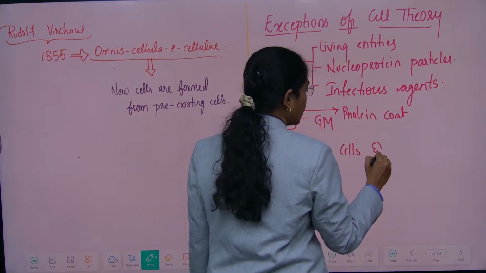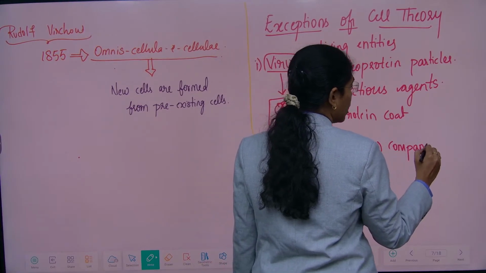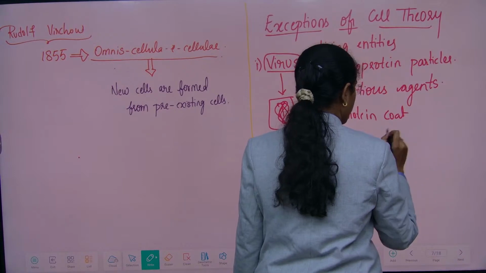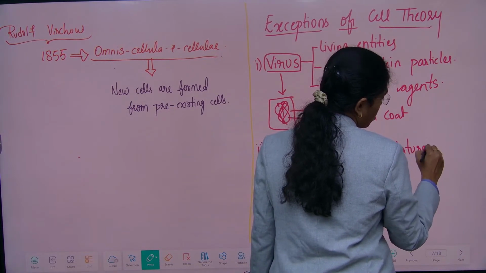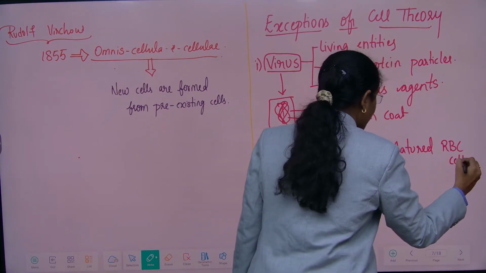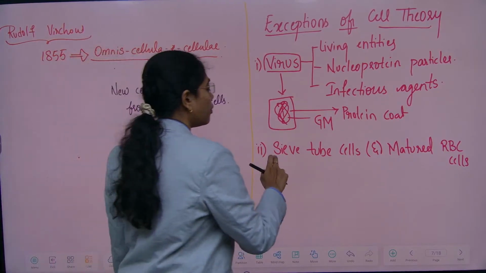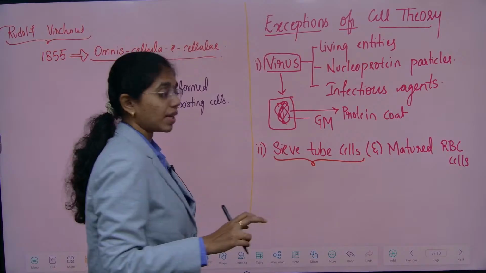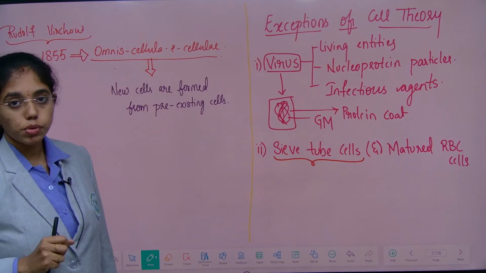And companion cells, sieve tube cells and matured RBC cells. To these cells also cell theory is not applicable, because sieve tube cells are those cells which are present in phloem tissue, which is a complex tissue. In that, sieve tubes are present.